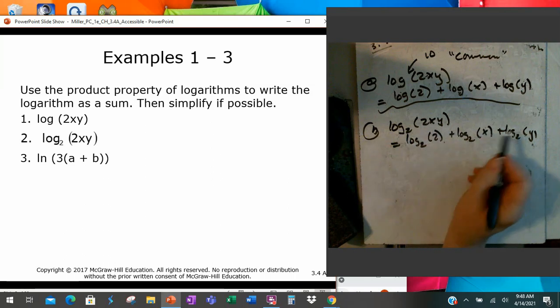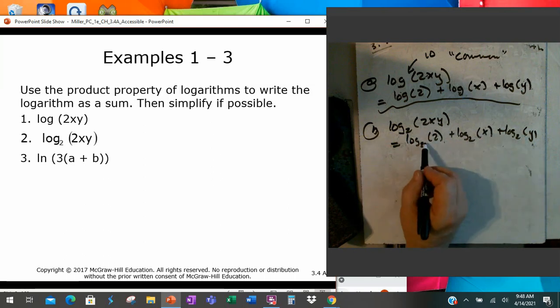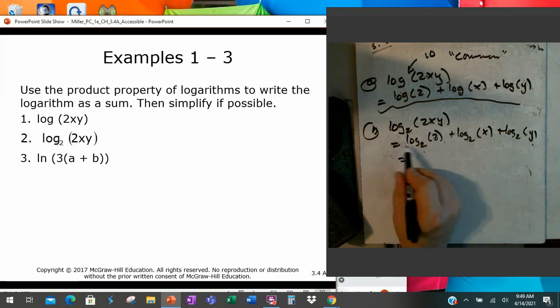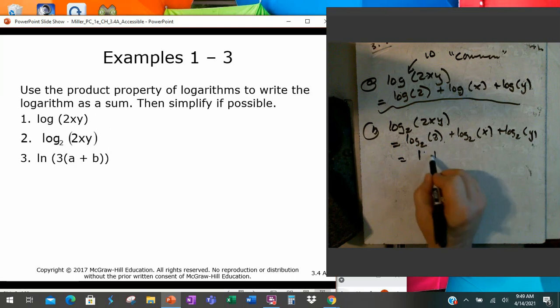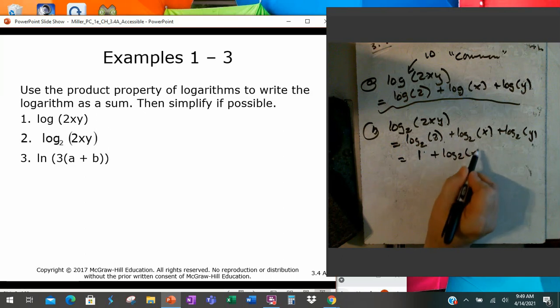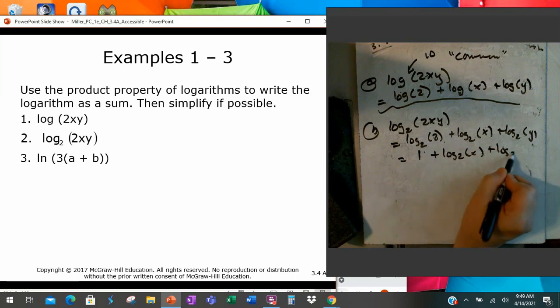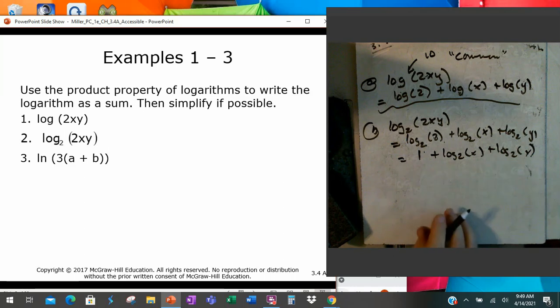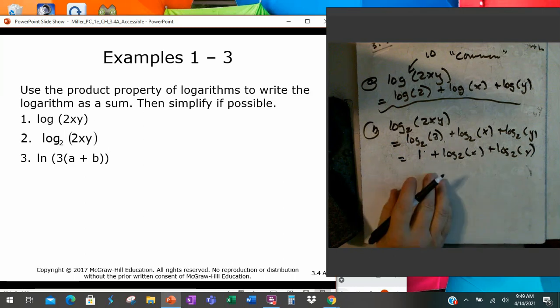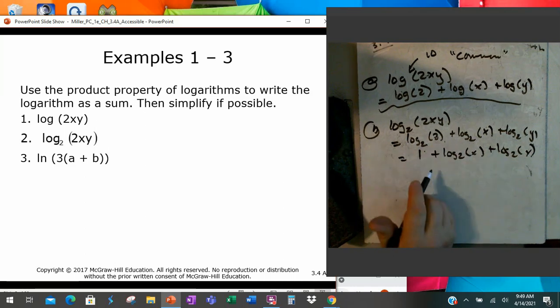I can't do anything here, I can't do anything here, but now I've got a base 2 and a 2. I want to represent 2 as a power of 2. What's the power? That's just 1. That's what the log is, the power. This is just 1, plus log base 2 of x plus log base 2 of y. And that is simplified as much as we can get it. We've done some preliminary ones.